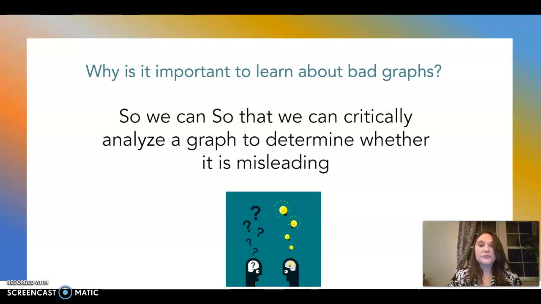But what we're trying to do when we gather data and come up with statistics is present information, and that's the numbers. So the importance of talking about bad graphs is so if we are being presented with data, we can identify things and analyze them critically and determine whether we are being misled.